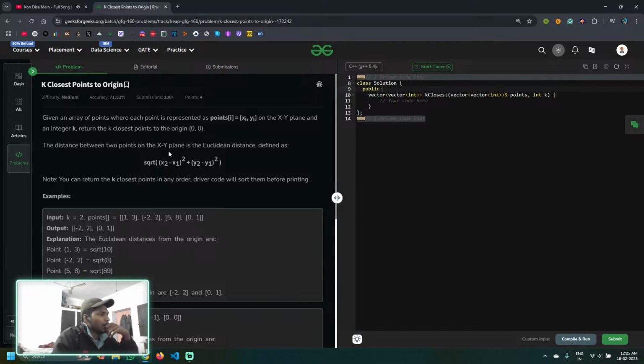I can make an array of vectors, a 2D vector, and one map where I can store the points and match the points from the priority queue to get the actual answer. Make a for loop, store all the square roots of the answers, and match them with the points.